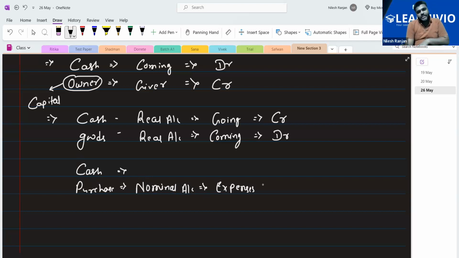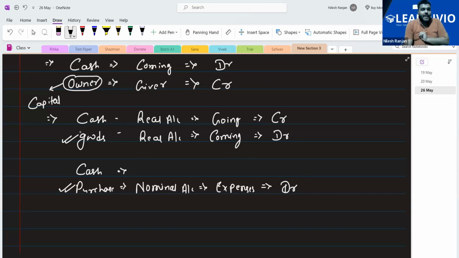If you purchase anything, it is an expense for your company, because you are not purchasing an asset, that's why it is an expense. If you're purchasing an asset, then it will be an investment. So purchase is an expense, it is a nominal account, so it will be debited. So by this method also it is debited, and by taking goods into consideration, it is debited also.